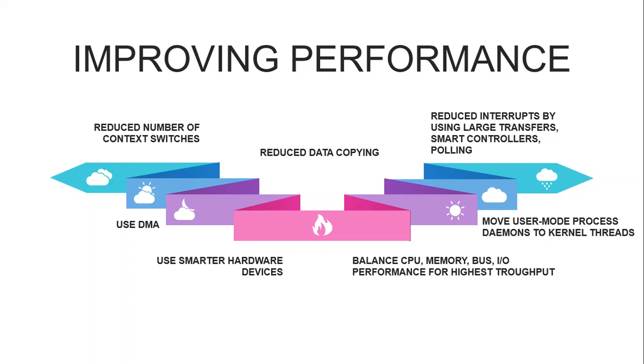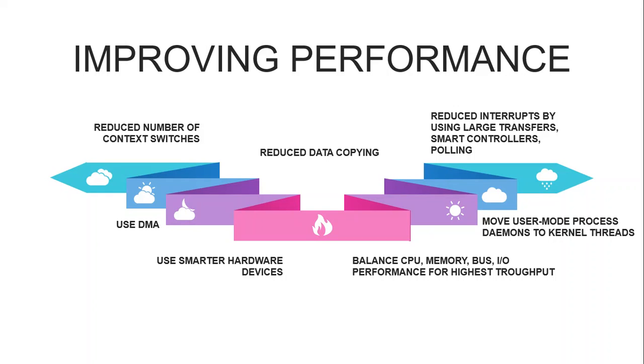Consider for example the sequence of events that occur when a single character is typed on a terminal. Improving performance: in order to improve the performance of the operating system, a few changes can be made in the I/O system, namely reduce the number of context switches, reduce data copying, and reduce interrupts by using large transfers, smart controllers, and polling.